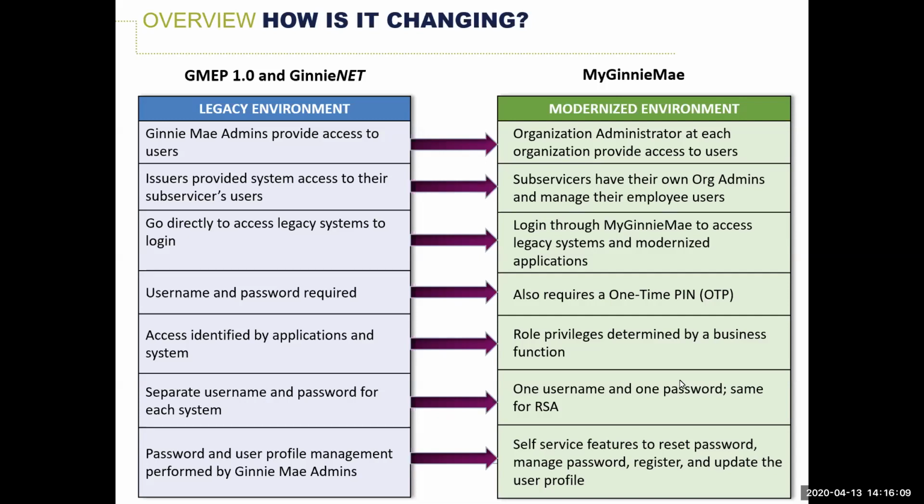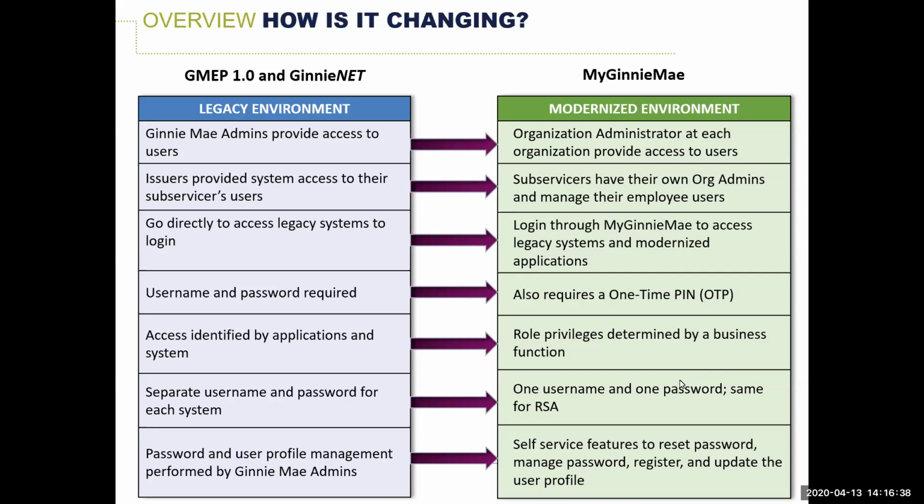In our legacy systems, access was identified by the applications and systems that you needed to have access to, and you requested that access based on those individual systems. Now it's a functional role assignment. So if you are someone who's responsible for submitting pools within your organization, you'll get that functional role, and then all of the systems that you need access to will come with that role assignment.